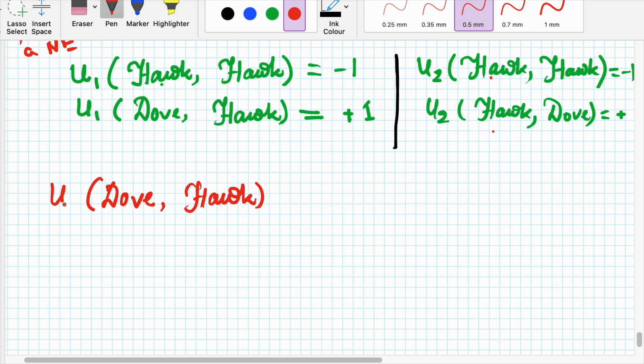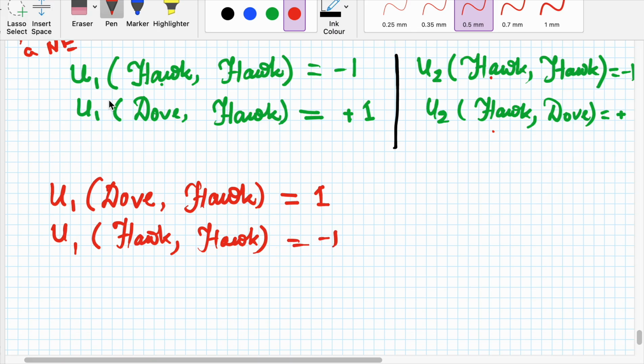Let's see. The utility of player 1 is 2. Does player 1 want to change from hawk to dove? No, because if it changes, then it will get a payoff of 0. So for player 1 there is no incentive to change.